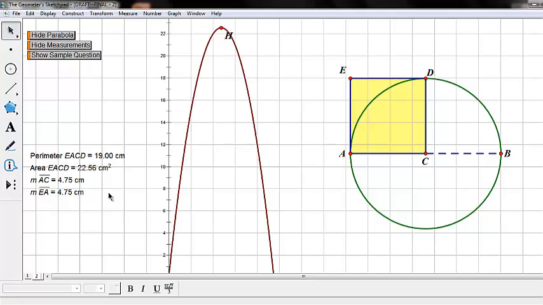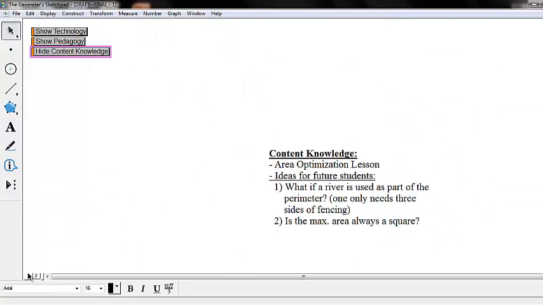I would also solve this problem by finding the derivative and setting it to 0 to illustrate that these two concepts really are the same idea, and this presentation is just a way to visually reinforce that the first derivative does find max and min. So that was my visual representation of optimizing when given a set perimeter, and now I'm going to answer the prompt questions.